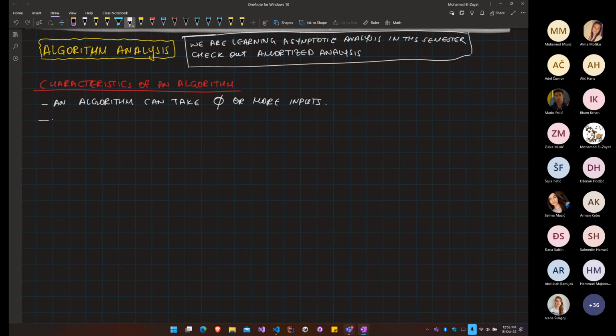Now somebody might be asking, okay, if I would like to sort numbers, I need to give numbers as an input, and then I will get sorted numbers as an output, right? So what kind of algorithm doesn't take any input and gives me an output? Can somebody give me a guess? Maybe we take something from memory. We don't take inputs or numbers, we just take something from an address.